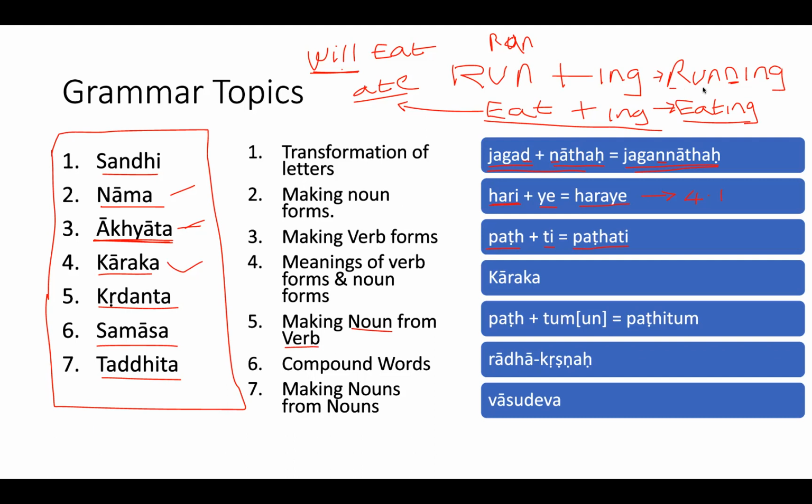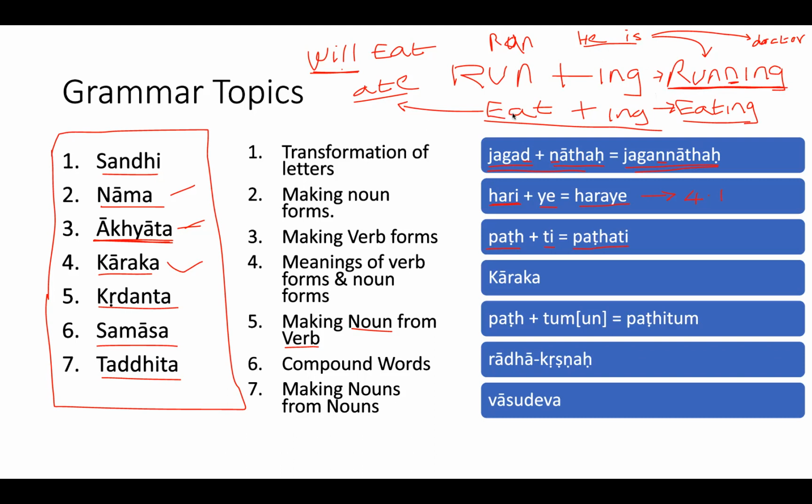Krudanta is actually making a noun from a verb. For example, here you see this running is an adjective in English, which you can also call a noun in one sense, because you say that he is running, or you can say he is a doctor. So you use the same form to convey he is a doctor. He's telling his profession or identity. But then here you're not saying identity, you're telling his action. How can you use the same form?